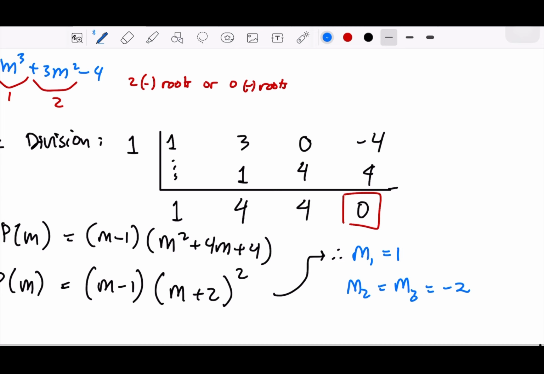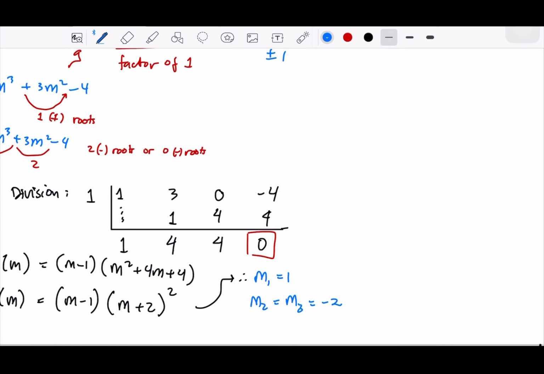Okay, what's next is to write our general solutions. So the general solution is y equals, the first one is e to the power of m1 x, which is 1, so it's just e to the x.